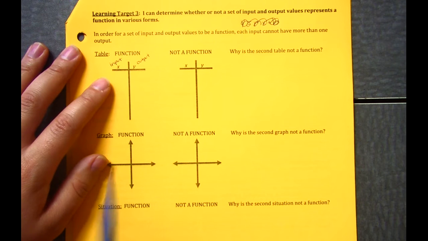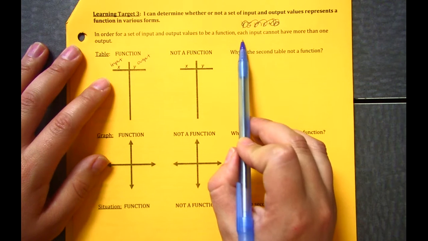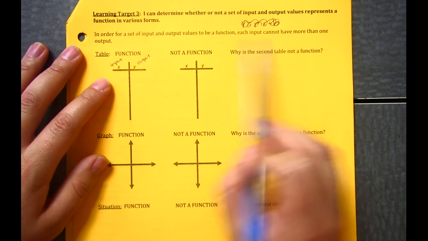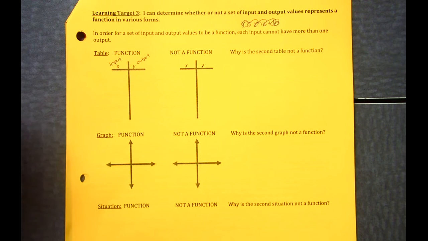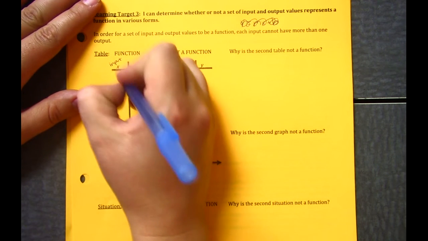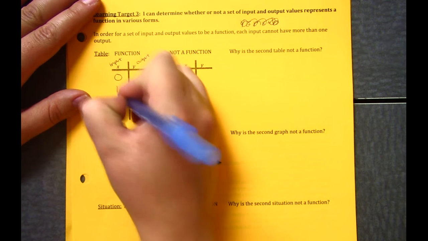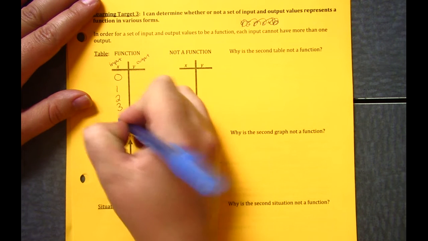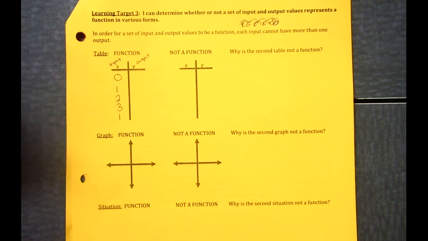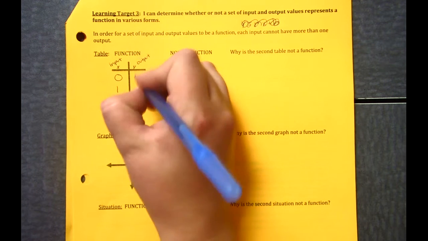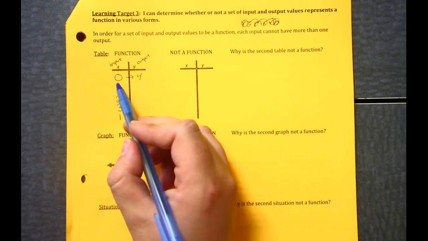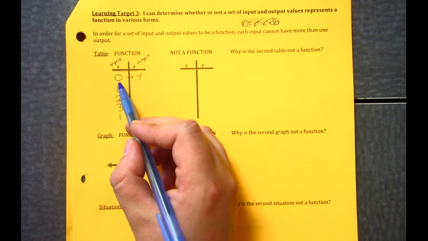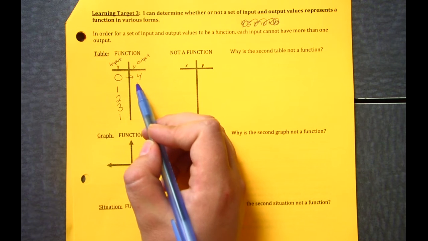we need to think about what it means so that each input cannot have more than one output. So if it is a function, that means if I have all of these values here, let's say, and let's say that 1 is going to be repeated. All of these different inputs, let's say 0 leads to 4. So if I put 0 into my imaginary function, 4 would be what would come out.